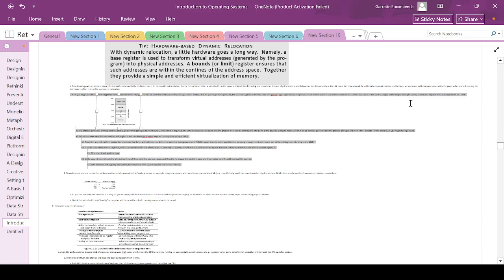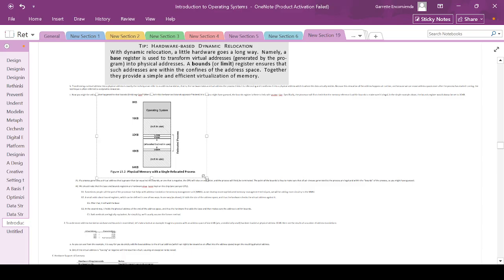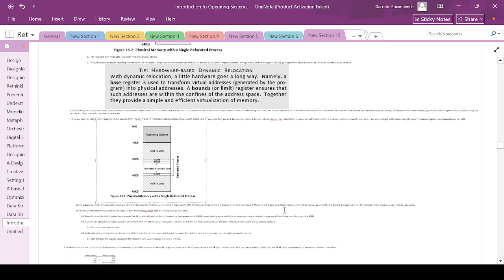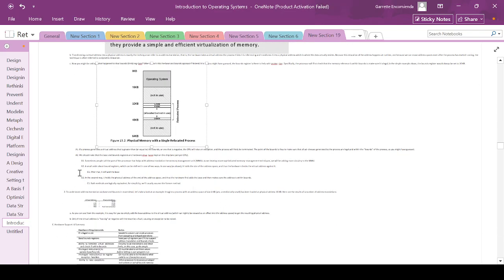In the simple example above, the bounds register would always be set to 16 kilobytes. So here we have the code. There's a limit of 16 kilobytes for that process. Therefore, any instruction that goes over that would not be executed and will be rejected by the OS.